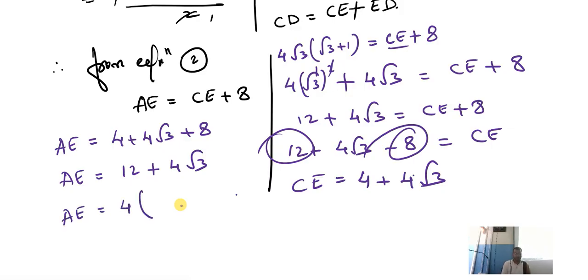So 4 common: 4 times 3 is 12, plus root 3. Clear? Okay. The root 3 value need not be substituted. Stop there itself. So AE is equal to 4 into (3 plus root 3) meters.